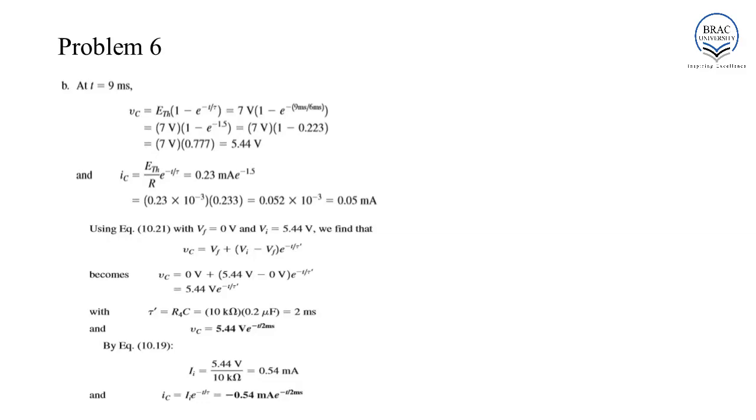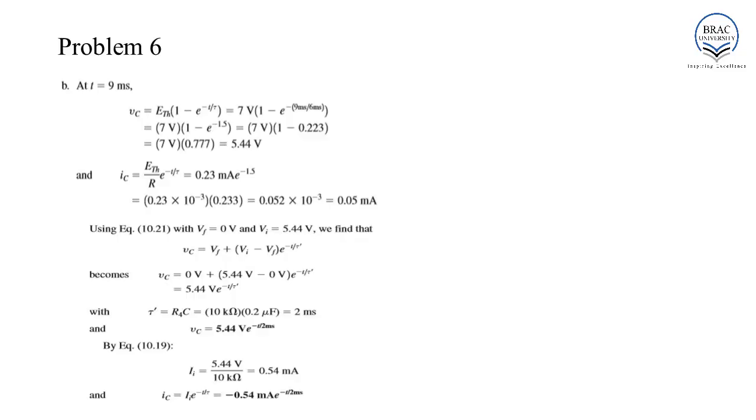In the second part of the question, it was asked to determine the expression for VC and IC when the switch was thrown to position 2 at t equals 9 milliseconds. Now, in order to determine the expression for VC and IC for the discharging network, we need to determine the value of the voltage across the capacitor at t equals 9 milliseconds and the current at that point of time.